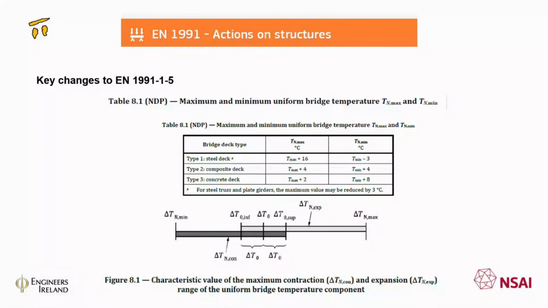But there are 3 types of bridge decks considered: steel decks, composite steel and concrete structures, and concrete decks. And then there's a temperature range with a maximum and a minimum value for these types. So a steel deck type has to be designed for a temperature perhaps 40 degrees more than a concrete bridge type, and similarly lower values when you get into minimum temperatures.